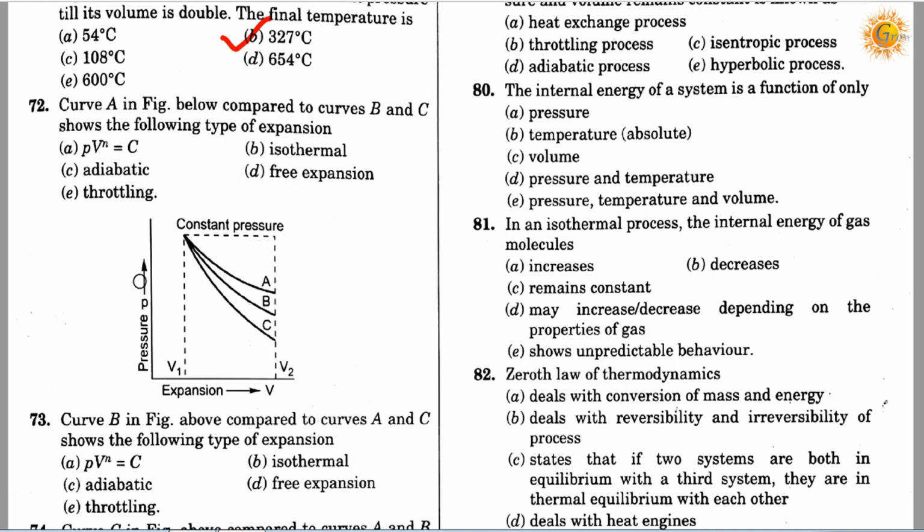So you can see this curve, the curve between pressure and volume V1 and V2, and three curves A, B, C. So correct answer is B. Curves B and C show isothermal expansion.